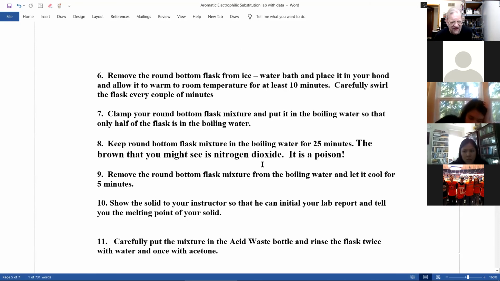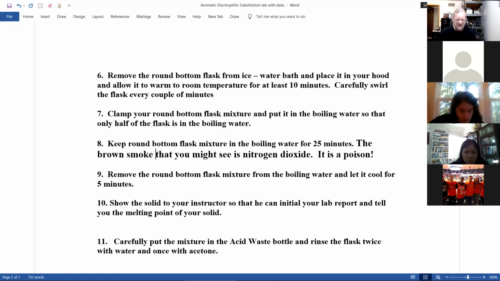Now, if we were doing it in the lab, there's a side reaction, and we do this in a hood, where you see this brown smoke come out the top. And it's a poison, but we're in a hood, and this is impurities in the nitric and sulfuric acid causing that.